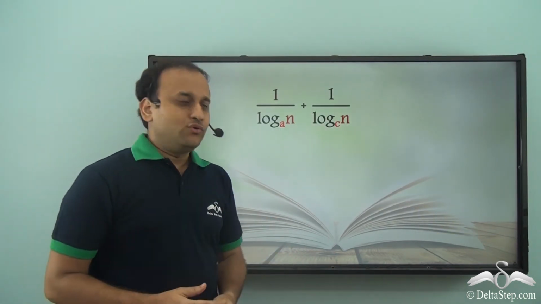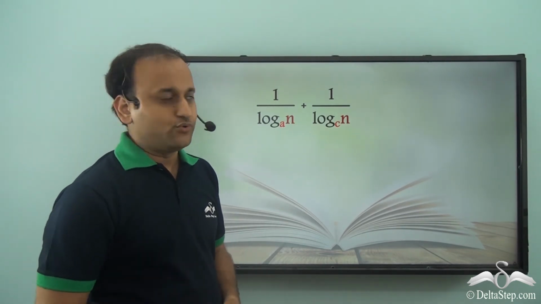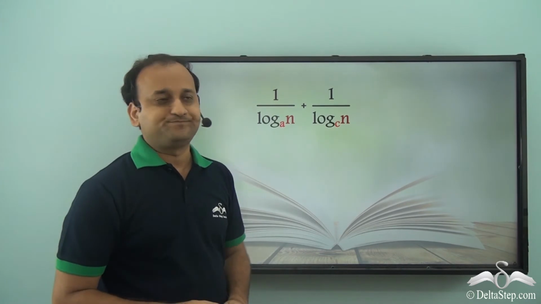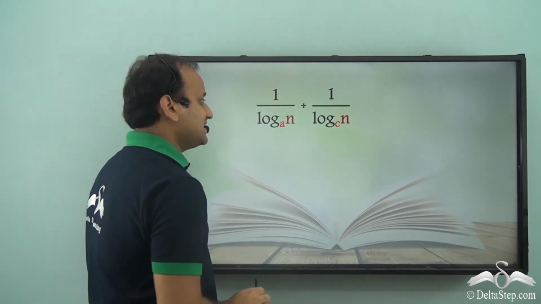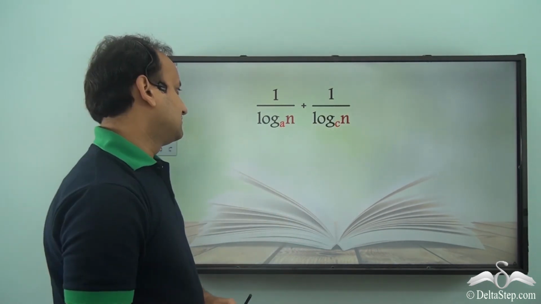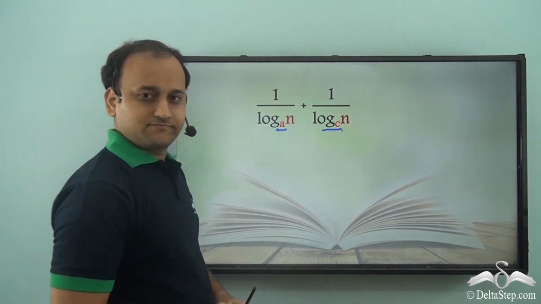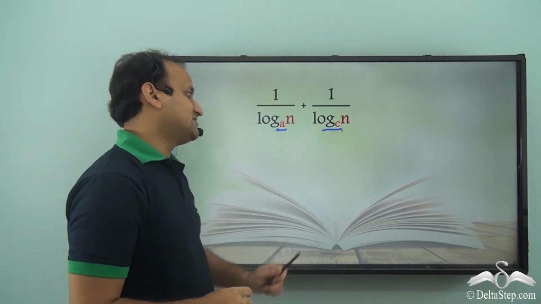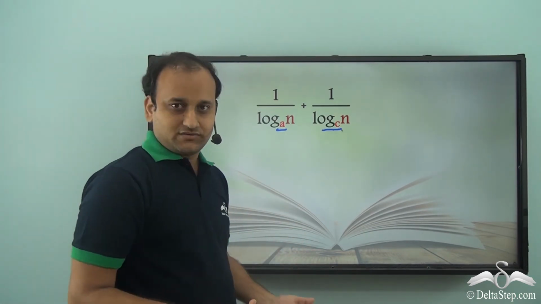Now, as you know what the reciprocal formula is and how it can help you, let's see one more example. So here you see that we have 1 by log n to the base a plus 1 by log n to the base c. Now they both have different bases, and with different bases we cannot apply any particular operation.